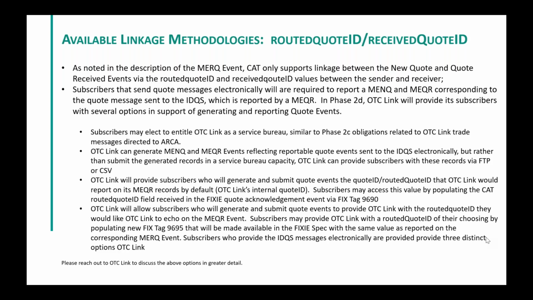One other concept related to the routed quote ID, so specific to how OTC Link would model the new quote and routed quote, as well as a quote received event.